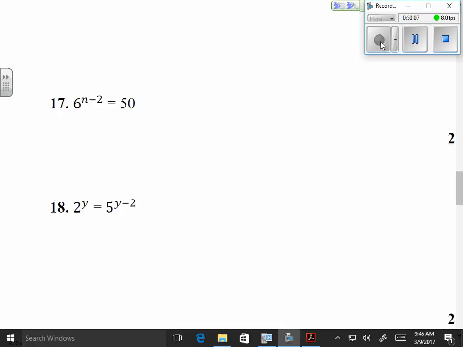Any ideas on 17? What do we do if we have an exponent in the variable? What can we change it to? It'd be nice if 50 was 6 to the something power, but it's not.